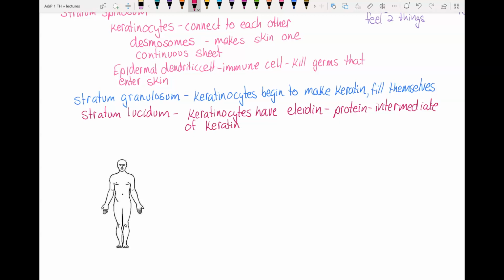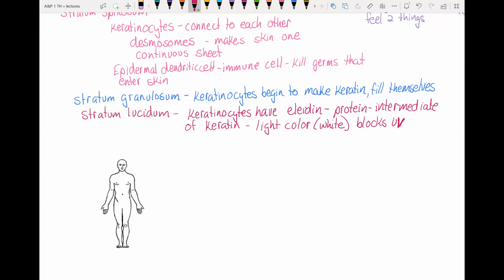So it's a protein that's on its way to becoming keratin, but it's not keratin yet. And this protein is significant because it completely blocks UV light. So it is a light color, it's kind of a white protein. And it blocks UV light. So no UV can get through this protein.